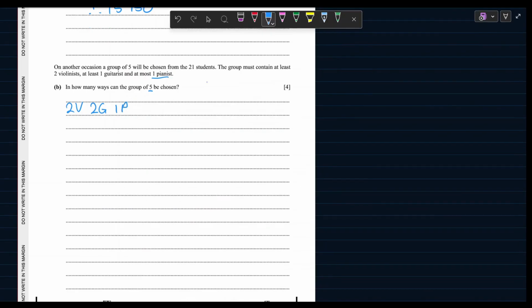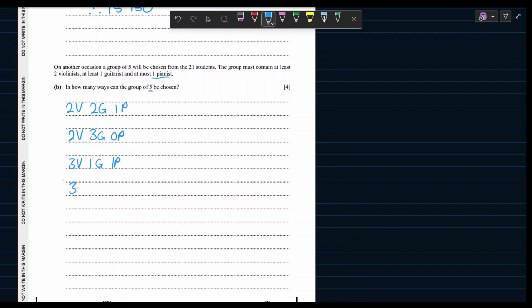Okay. All right, so we could also have 2 violinists, and we could have 3 guitarists and 0 pianists, because we're not forced to pick a pianist. We can have 0 pianists. Or we could have 3 violinists and then have 1 guitarist and have 1 pianist.